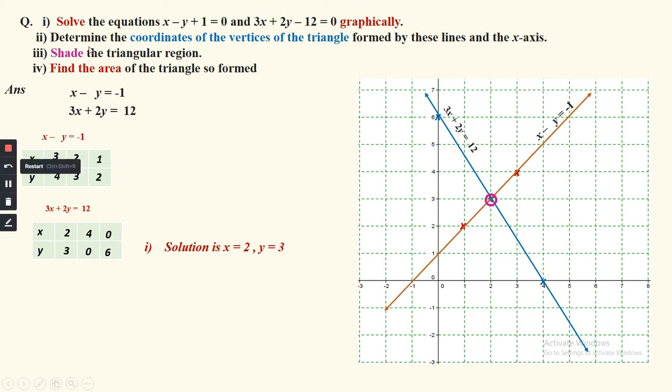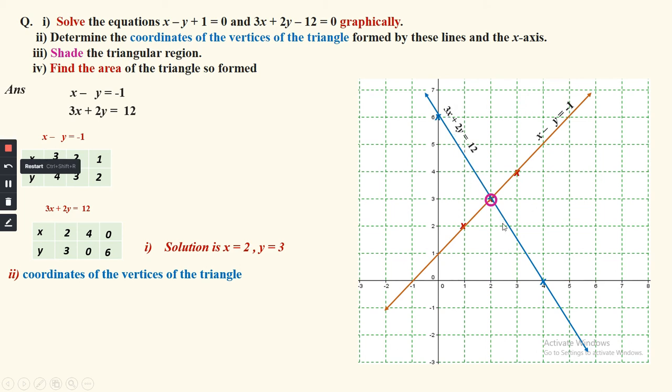Second, determine the coordinates of the vertices of the triangle. Vertices means corners of the triangle formed by these lines and the x-axis. So for that, we will see which are the points where these lines are cutting the x-axis. This line is cutting the x-axis over here.